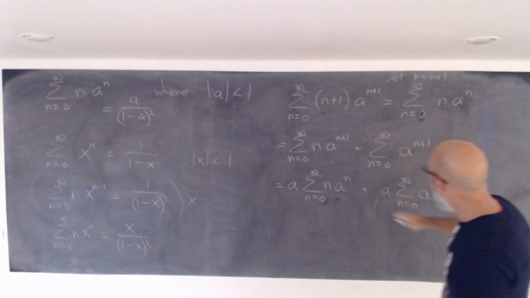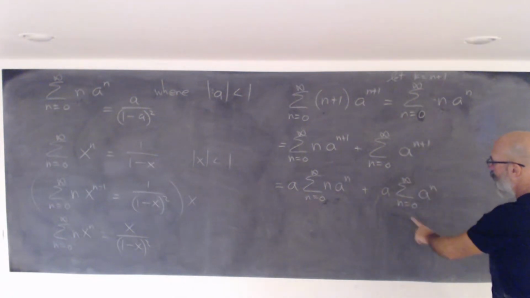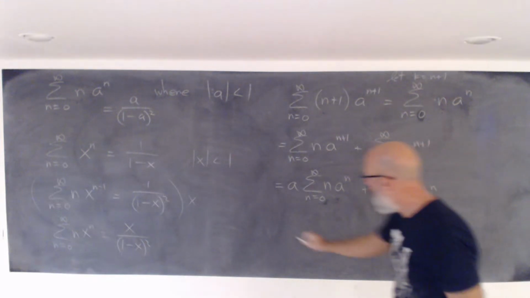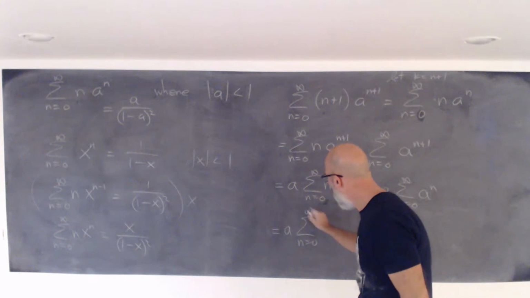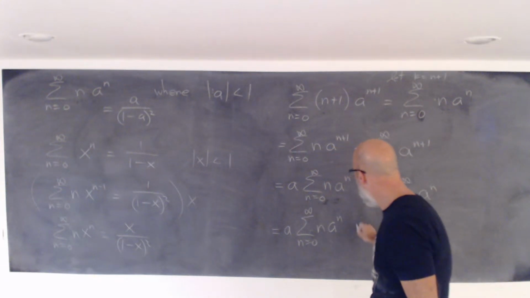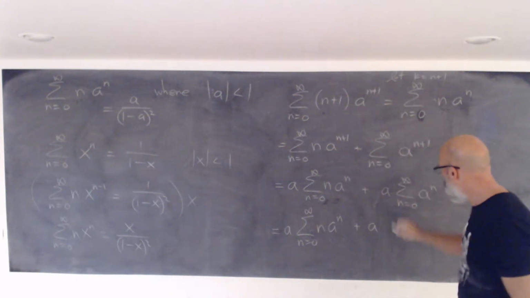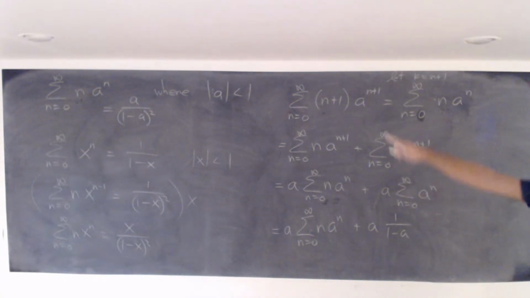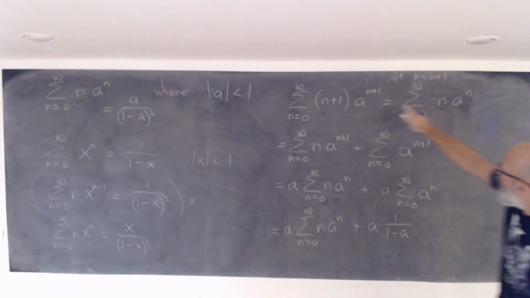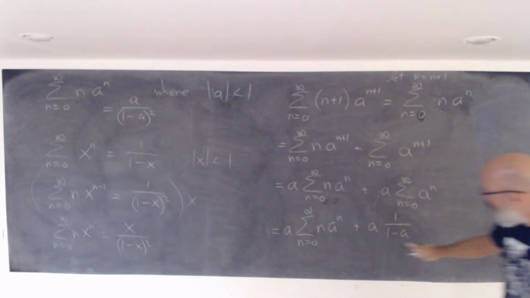What are we saying? Well, first of all, this is a geometric series, so you know exactly what this converges to. This converges to 1 over 1 minus a, if a is between -1 and 1. So this is equal to that.